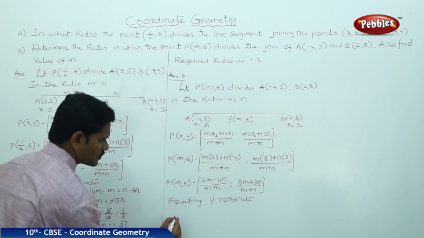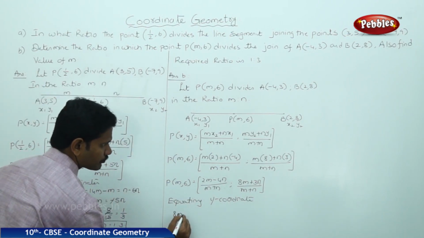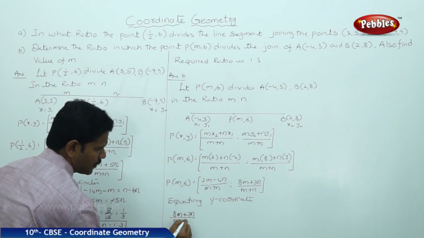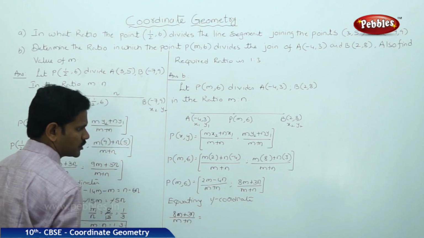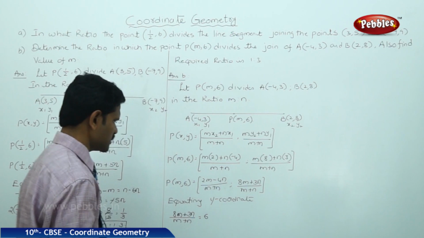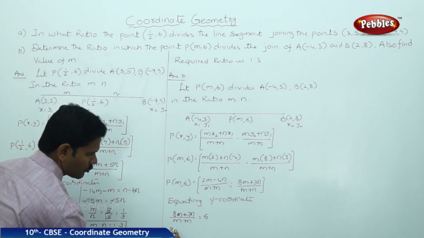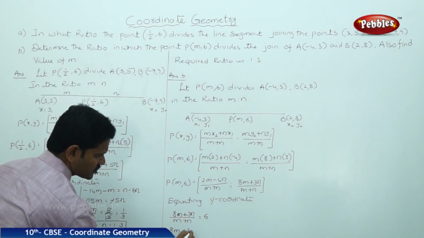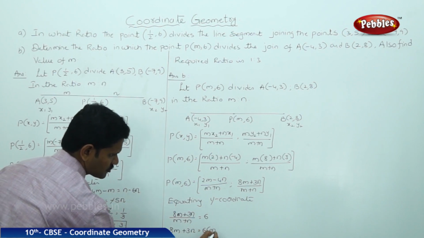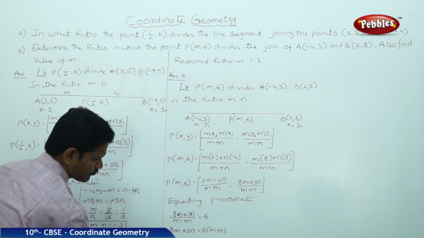That is why (8m plus 3n) by (m plus n) is equal to 6. Next, cross multiplication: 8m plus 3n is equal to 6 times (m plus n).